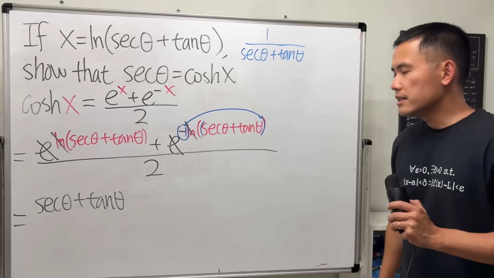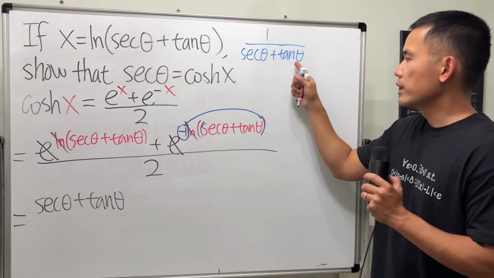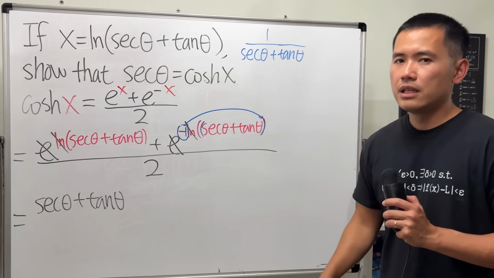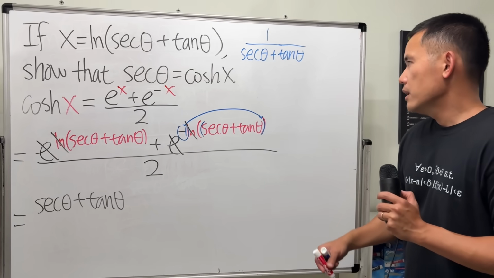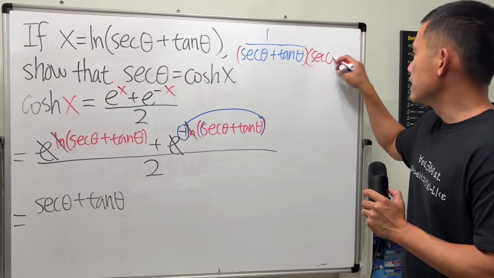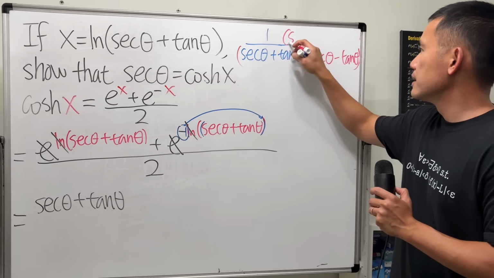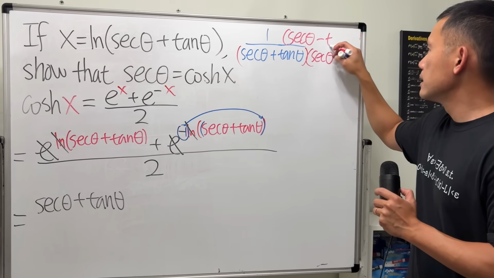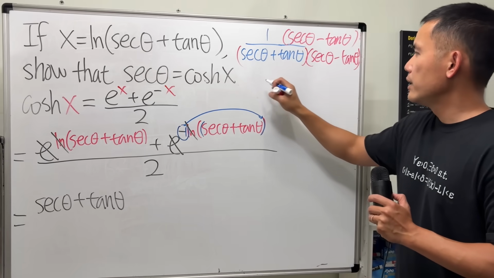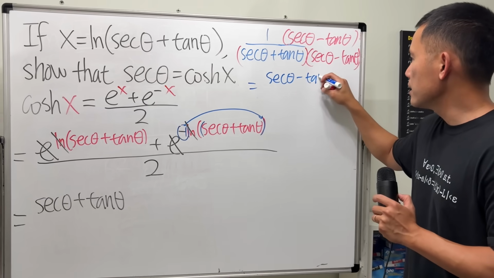And to simplify this, you have a few ways to do it. You can write this as 1 over cosine and write this as sine over cosine, and you go from there. Another way to do it is you multiply the top and bottom by secant theta minus tangent theta. And you will get secant theta minus tangent theta on the top.